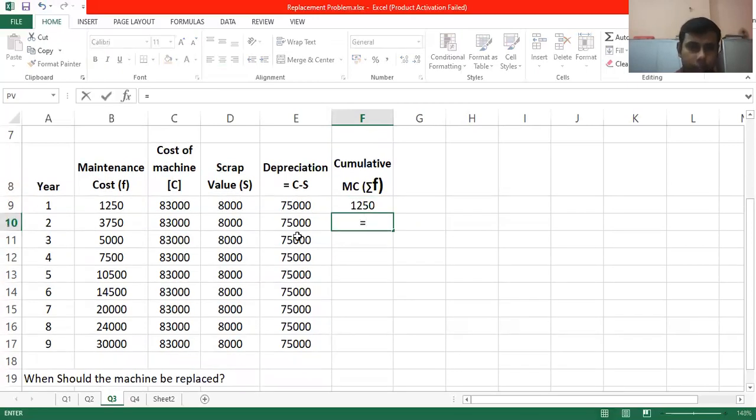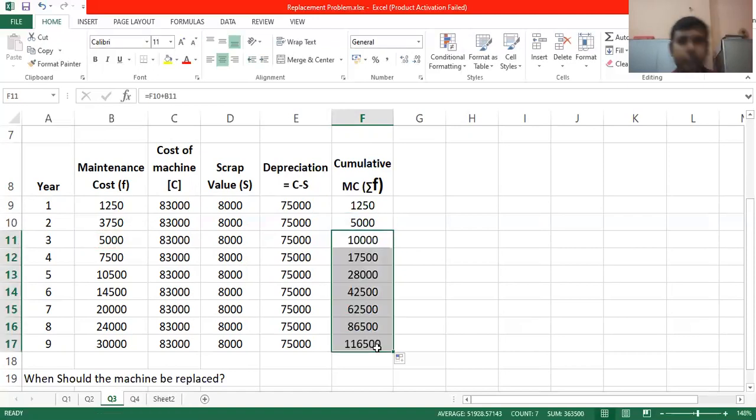For the first year, it is 12,000 of 1,250. For second, we know we have to get the total of this, so this plus this. Similarly, for third year, we need to get the total of these three. So likewise, I've just dragged it.